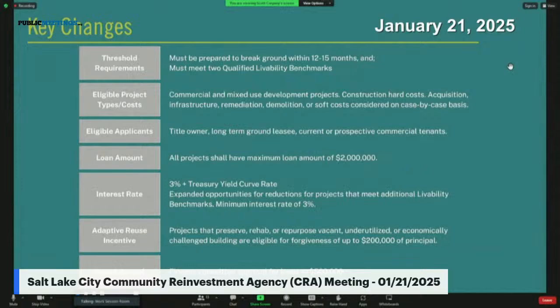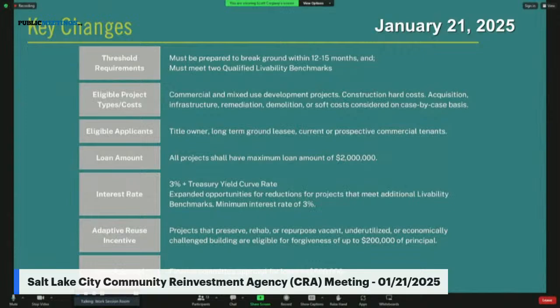So the next section there, the loan amount, the current program does not have a cap on a loan amount, but we are proposing to have a maximum of $2 million, which would allow the CRA to maximize our impact and also the use of our limited resources. And the interest rate, the standard interest rate is the Treasury yield curve plus 3%, which we are proposing to keep the same, but we would want to modify the opportunities for rate reduction, like Ashley was mentioning.